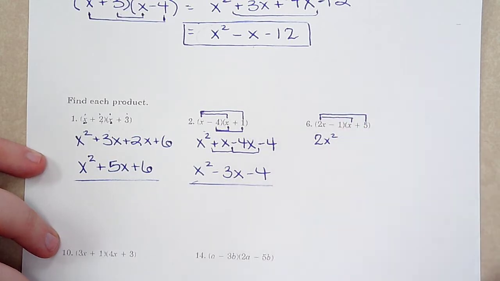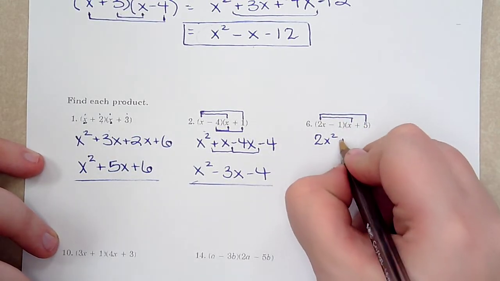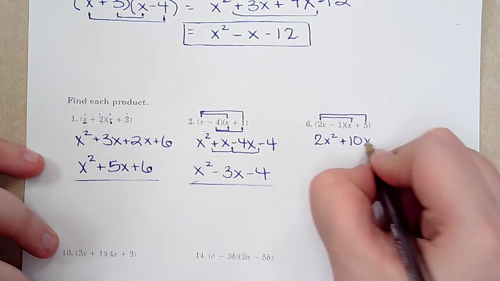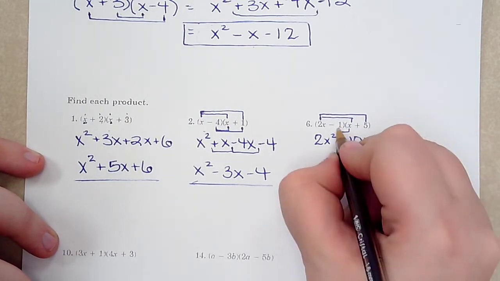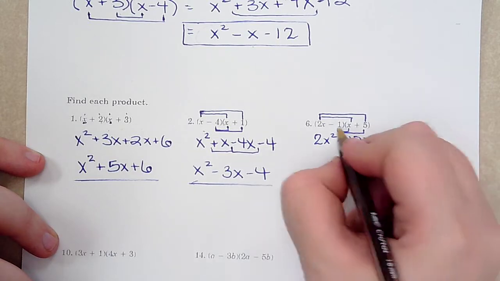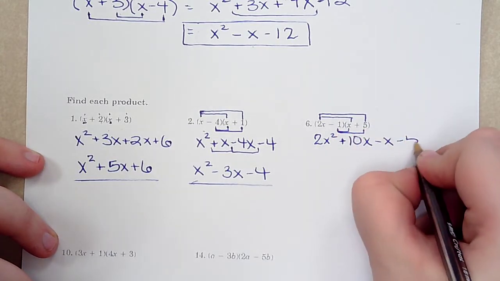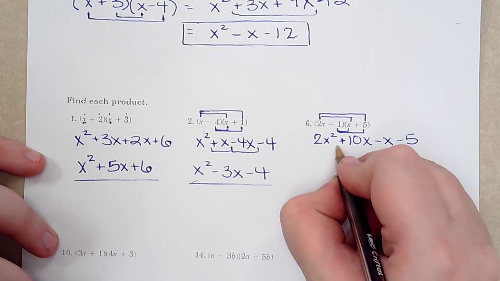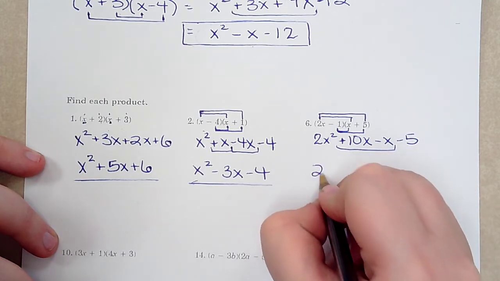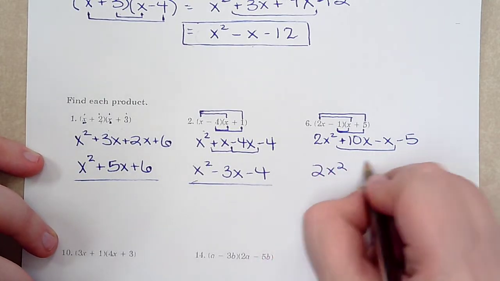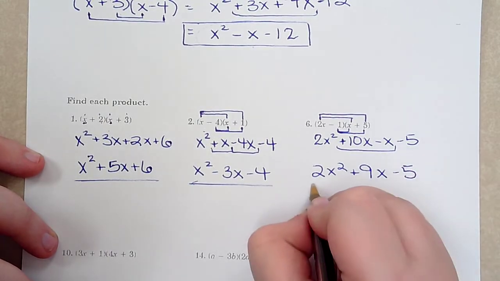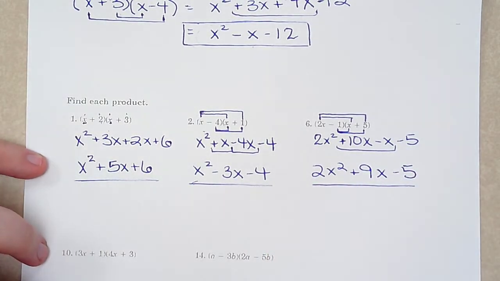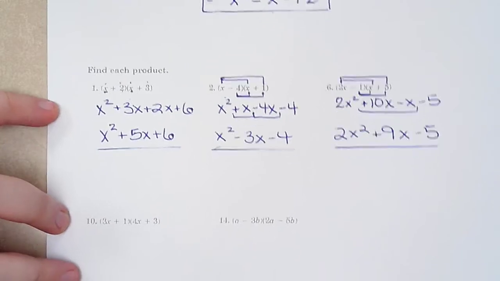Outer, 2x times 5 is going to be plus 10x, inner, negative x, and then last, negative 1 times 5 is negative 5. Simplify those two inside terms to be 2x squared plus 9x minus 5. And that's as simple as you can make it. All right, let's see it again.